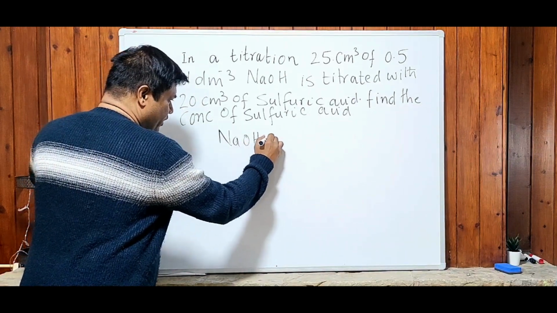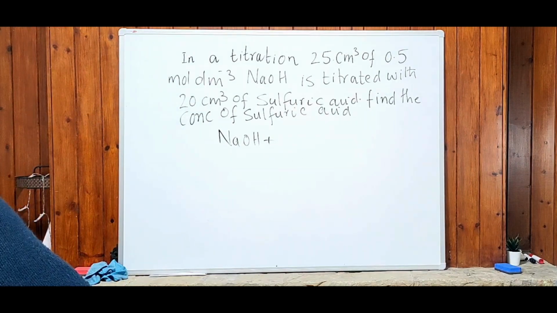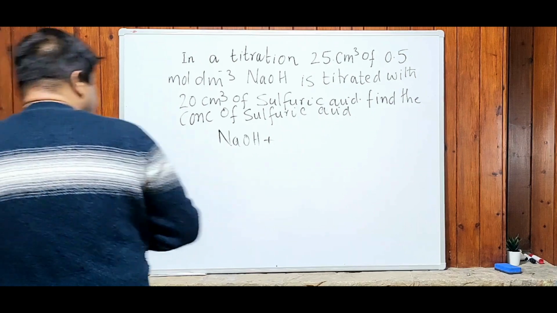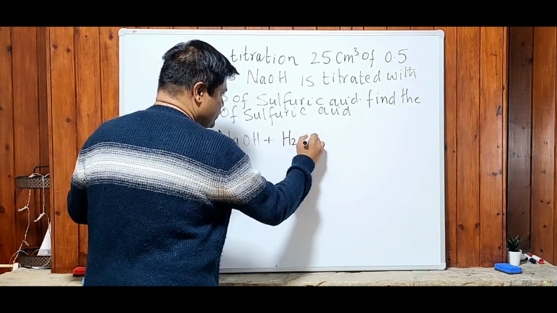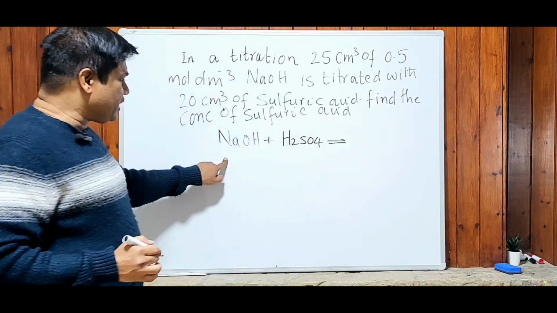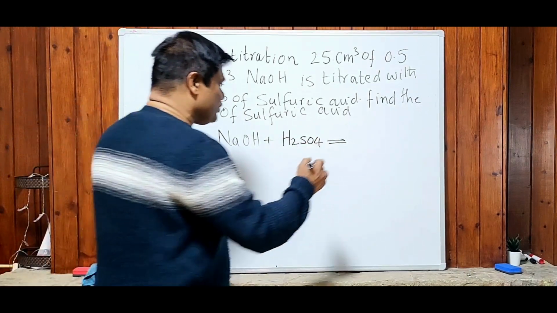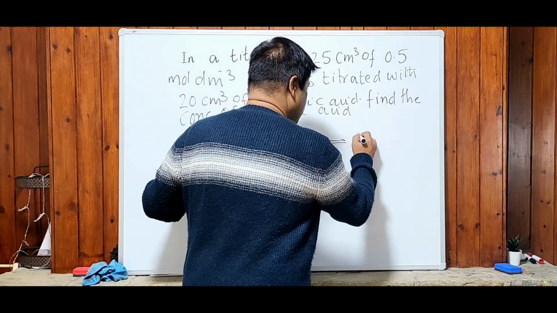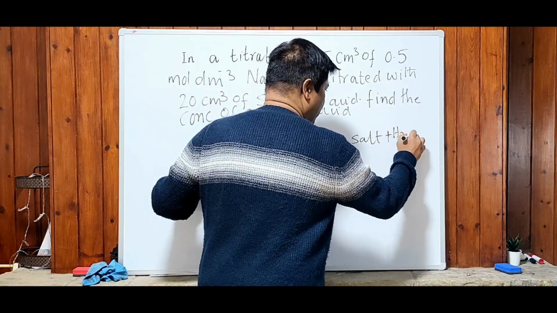NaOH reacts with sulfuric acid, H2SO4, and we know that when an alkaline solution reacts with an acid, we will get salt plus water. Look at the formula of the salt.